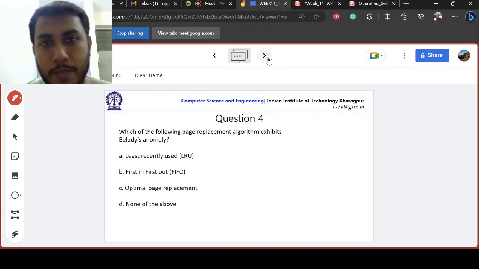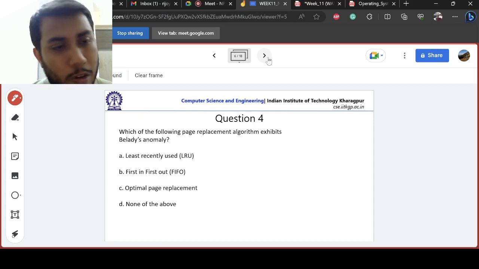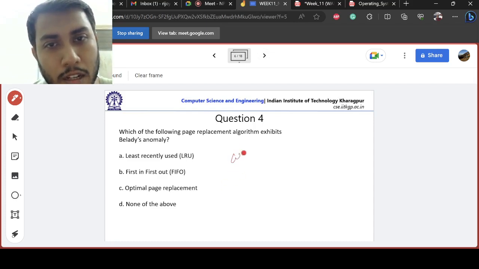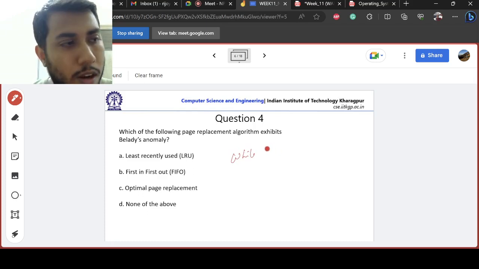Which of the following page replacement algorithms exhibits Belady's anomaly? So what was Belady's anomaly?